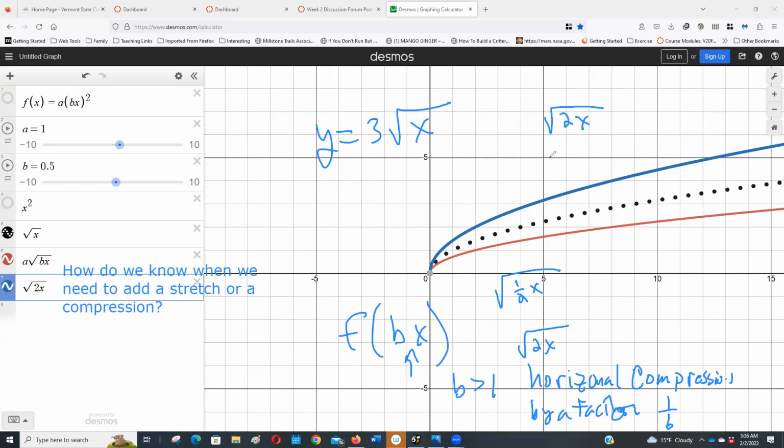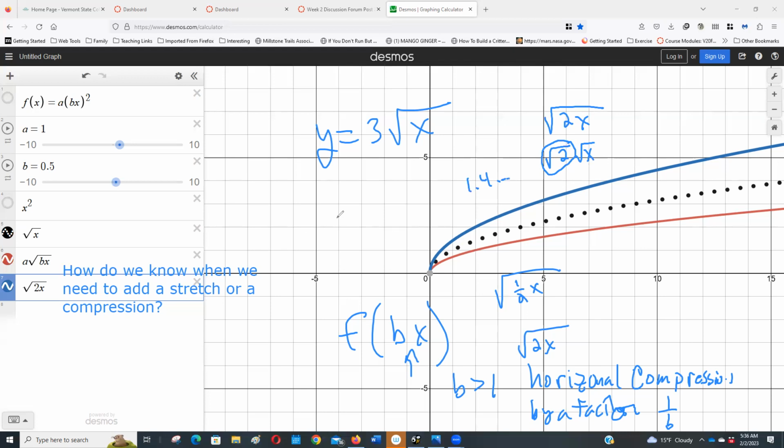With a square root, if you think back to some stuff you might have learned in geometry or algebra 2 or college algebra, when I'm multiplying two things underneath the square root, I can think of it as the product of the two radicals. And here is the vertical stretch, because the square root of 2 is 1.4 and so on. That's bigger than 1, so that's going to be a vertical stretch.